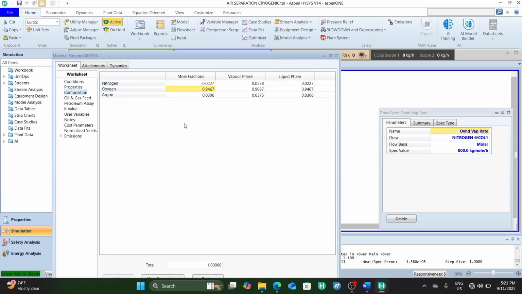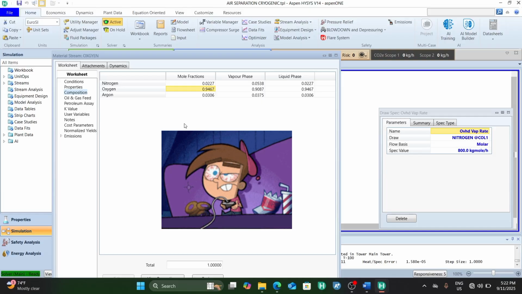So let's see what that looks like. 0.9467 multiplied by 200 is 189.34, then 189.34 over 209 multiplied by 100 gives us 90.5.